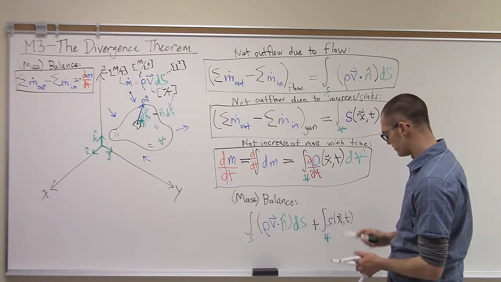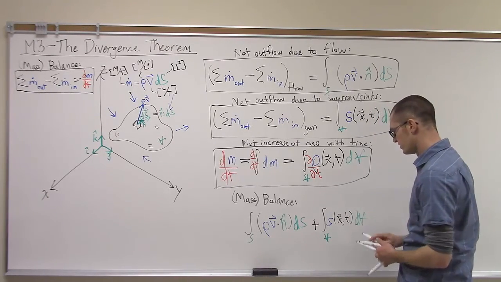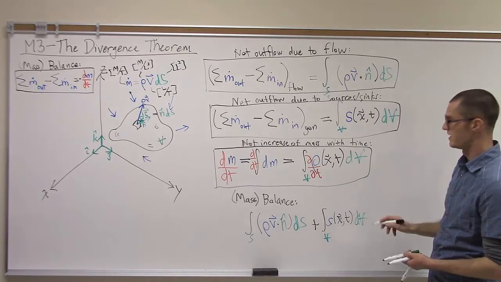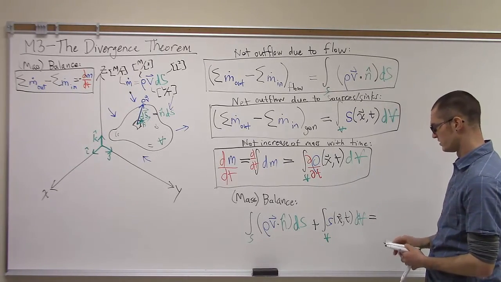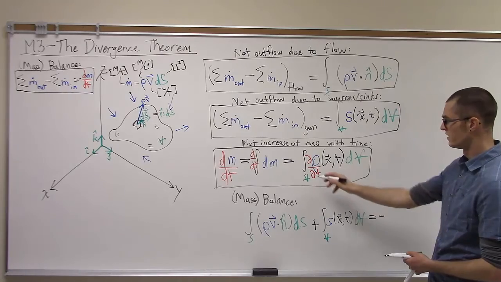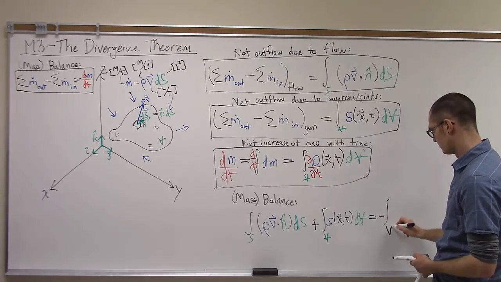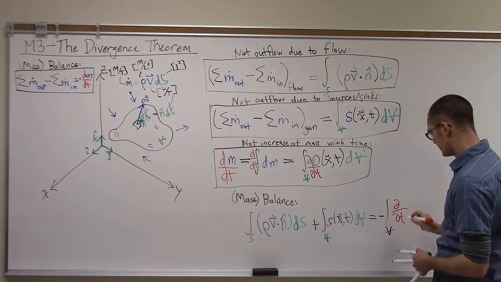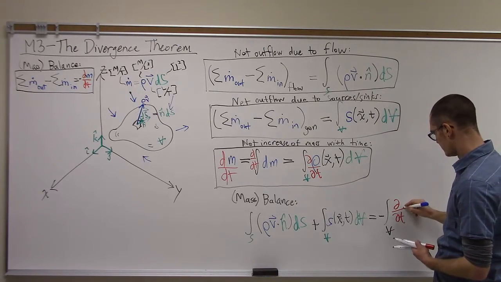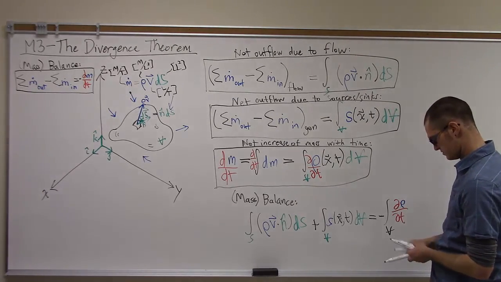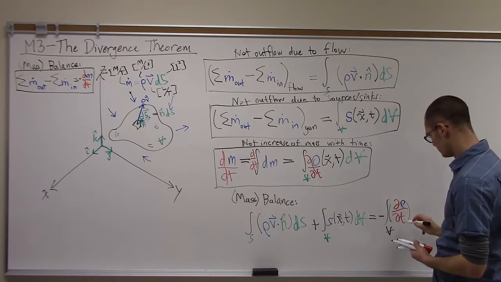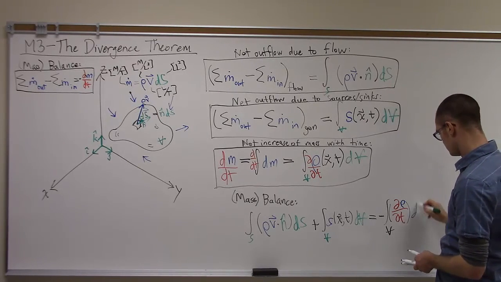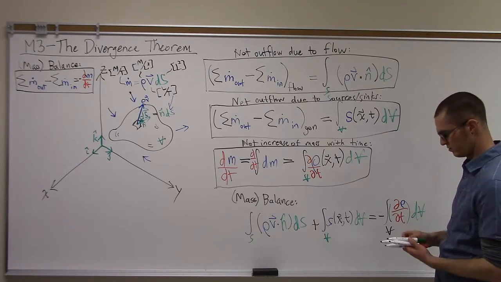So the integral of the source term over the volume. And then on the right-hand side of our balance equation, we have the negative of this integral over the volume of d by dt of rho over the whole volume.